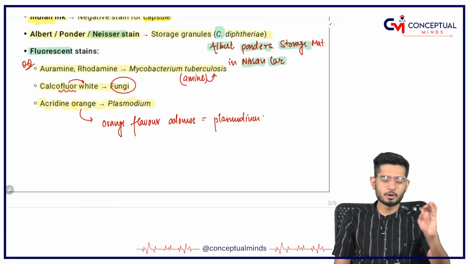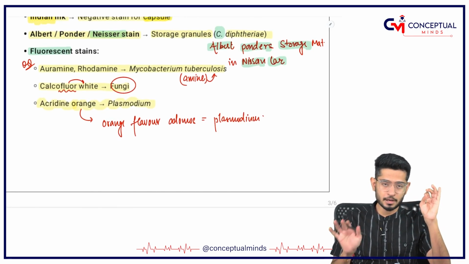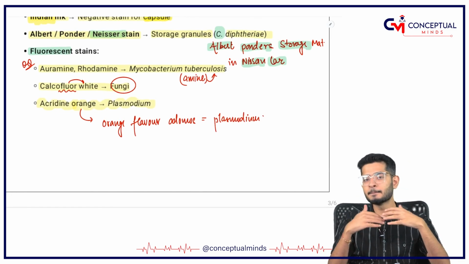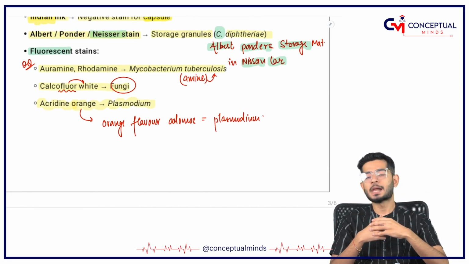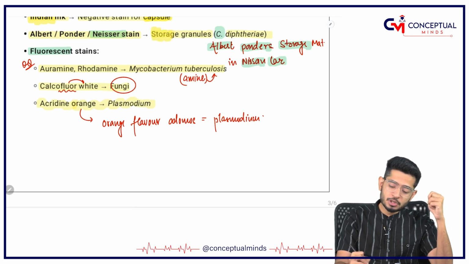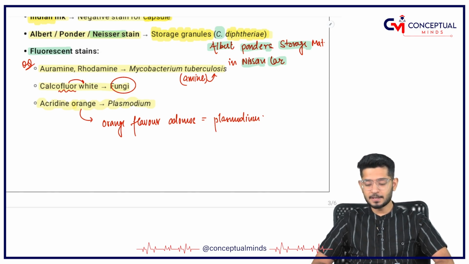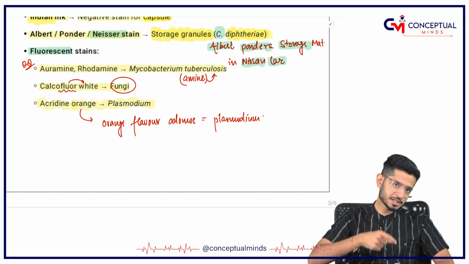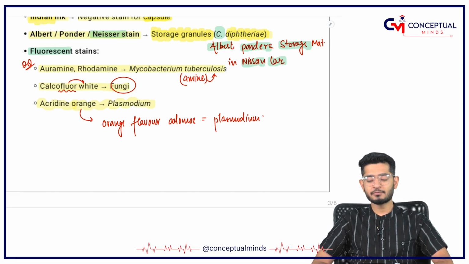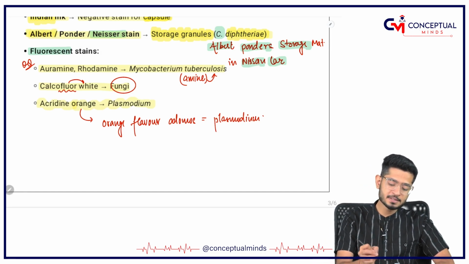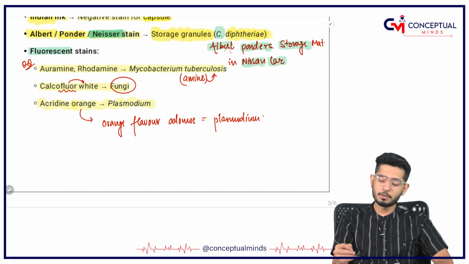Then very, very important thing, very, very important. I have already told you when we were discussing the storage granules, the plasmids, that storage granules are there not as a protective mechanism, but you can say as a preparatory thing possessed by the diphtheria. Okay. In order to stain those storage granules, we have got 3 stains. One is Albert stain, Ponder stain, and Neisser stain. Okay. So how will you remember?